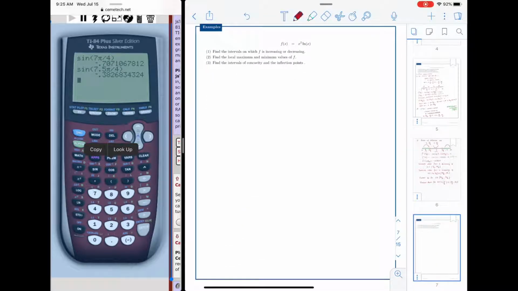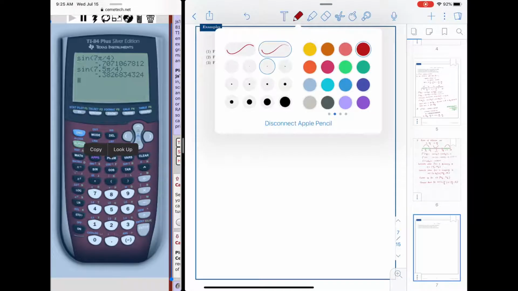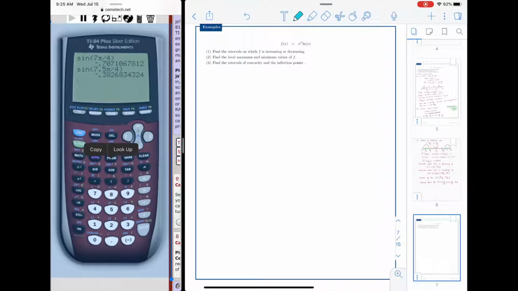So here we have another example, which is f of x is equal to x squared multiplied by ln of x. So the very first step is to find the first derivative. We have x squared times ln of x, so we have to use product rule. So u prime is 2x and v prime is 1 over x.